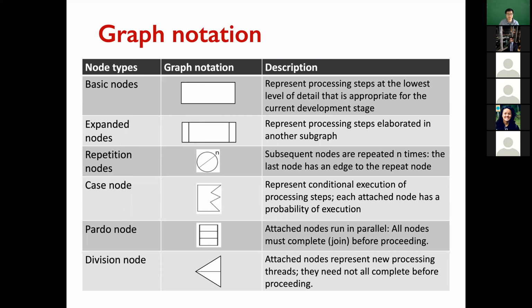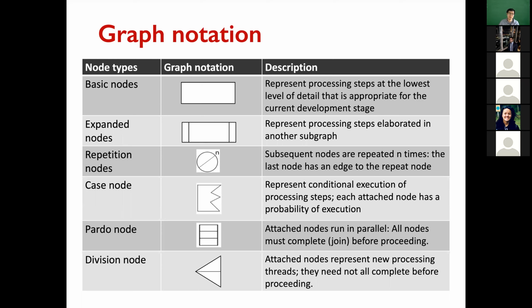The second type is expanded nodes, which represent a combination of basic nodes and other nodes. It represents processing steps whose details are elaborated in another subgraph, right? You can consider it as a function or a sub-process, okay?